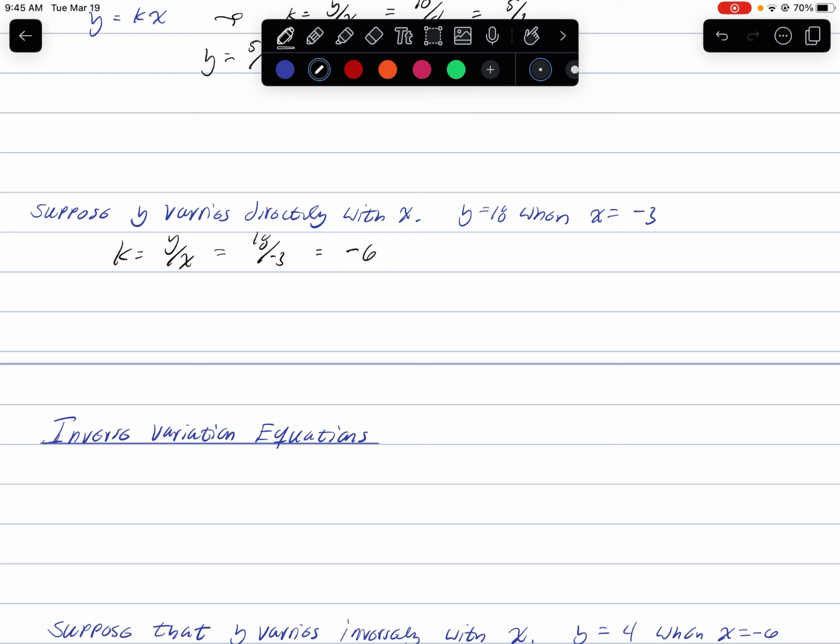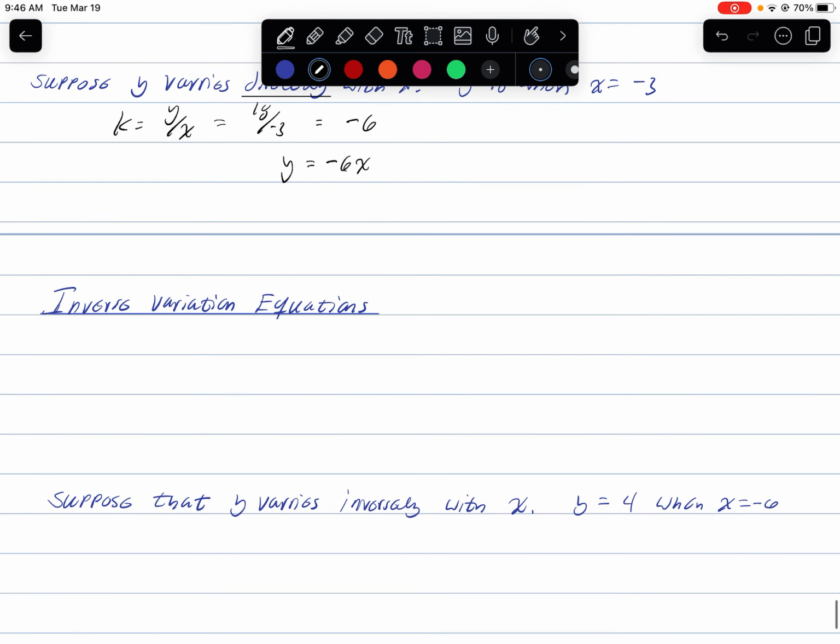So k equals negative 6, and therefore our direct variation equation is going to be y equals negative 6x. Okay, and so you can do this for anything. Once you're given that the relationship between x and y is a direct variation relationship, it's pretty easy to find the general equation for it, okay?